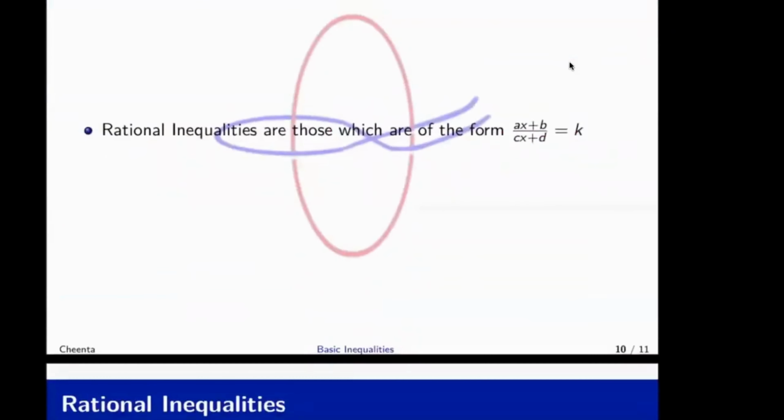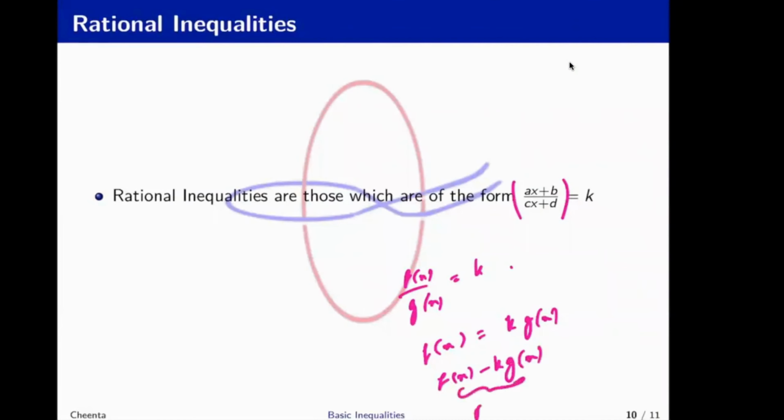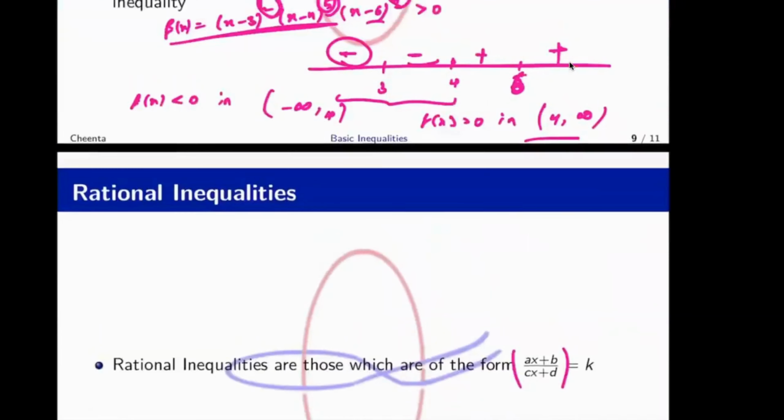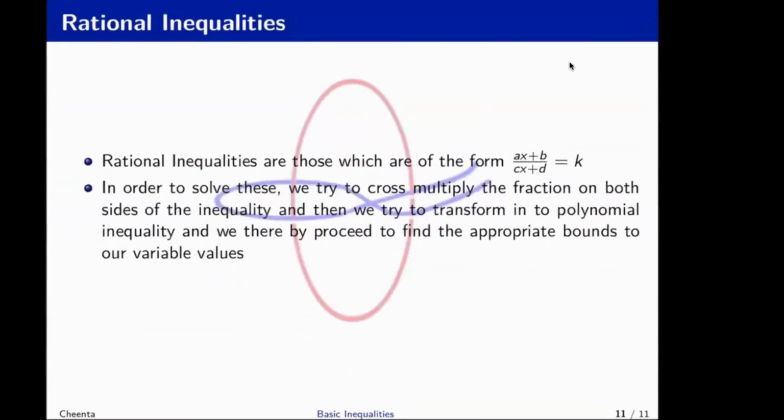Now we'll see rational inequalities. Rational inequalities are of the form f of x by g of x greater than or equal to k. If we cross multiply, we again get a polynomial, since f of x and g of x are polynomials, and we proceed in the same way as before.